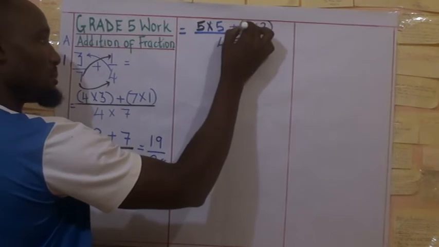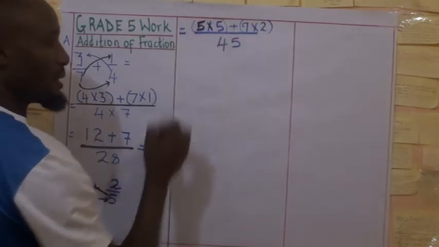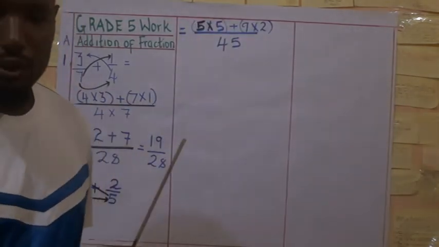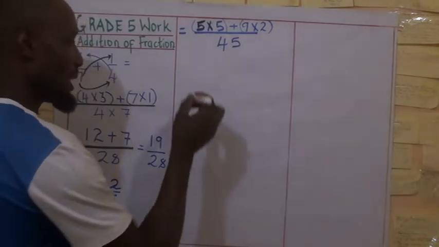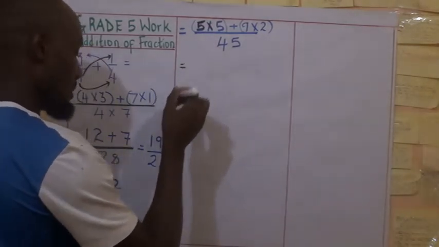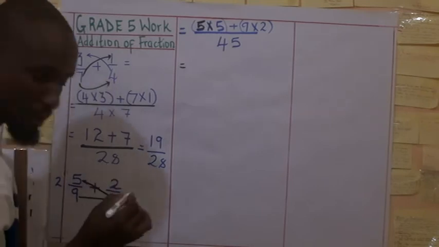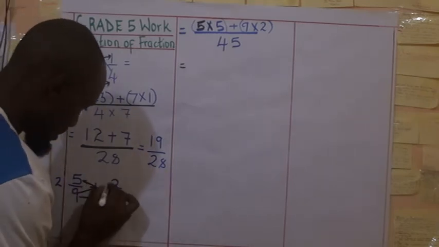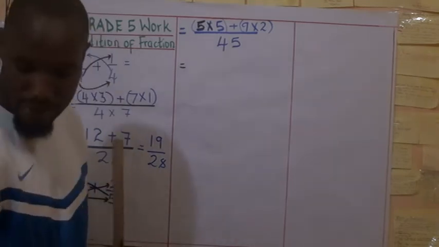Put these ones into brackets, like that. Now we go on. We are going to make this line here. Before that, I want you to note that we multiply 9 times 2.